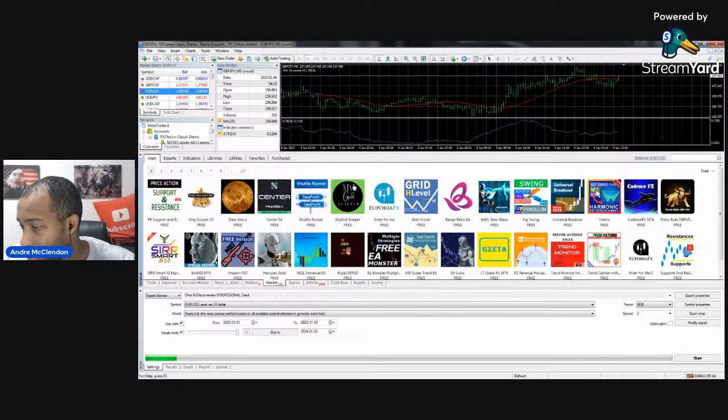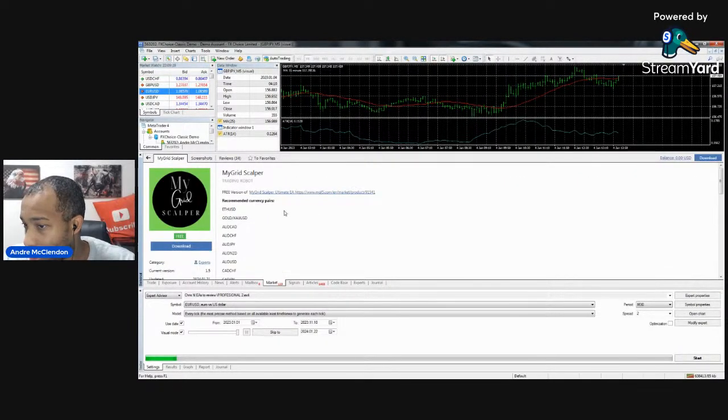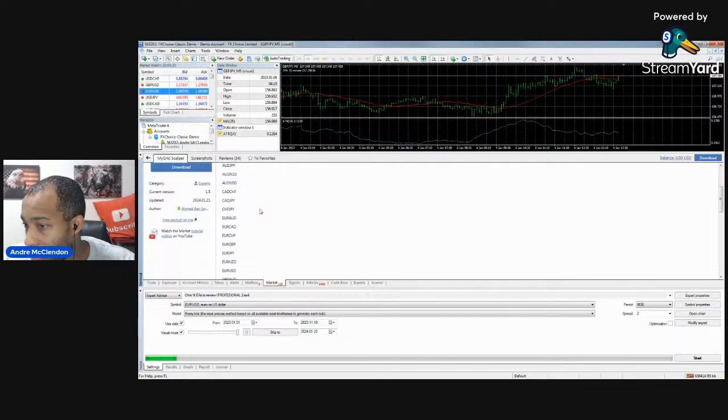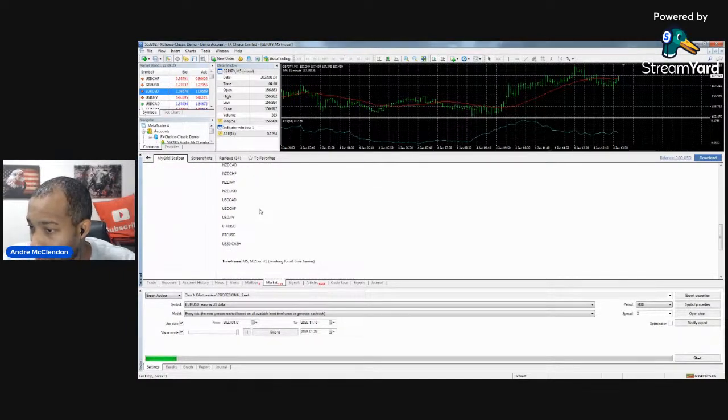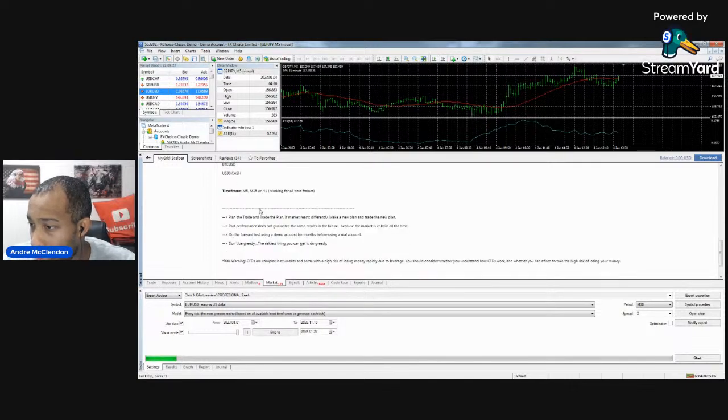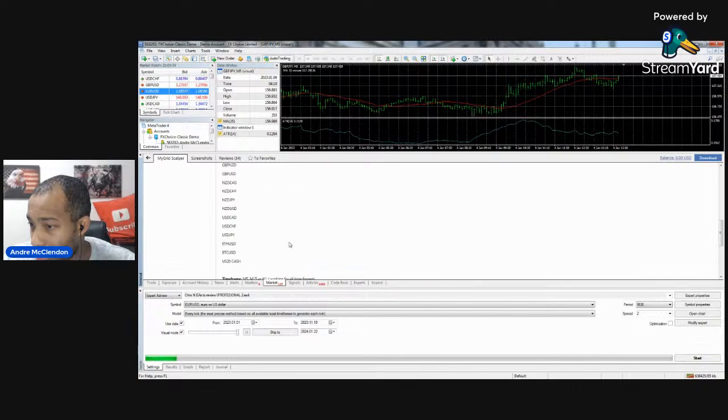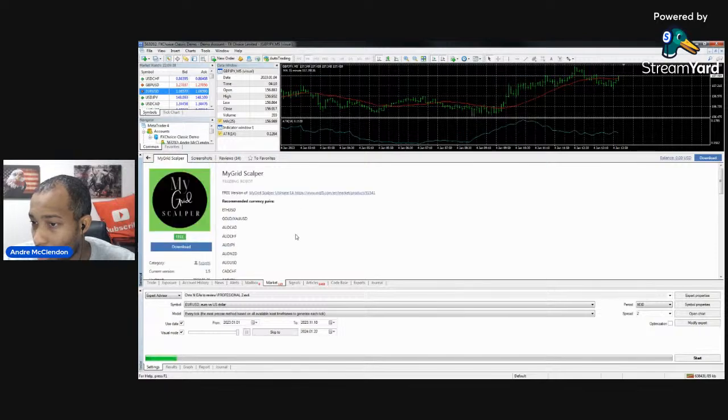Let me try this one. So 5:15 1 hour. Don't be greedy. The riskiest thing you can do is be greedy. Let's try pound yen, my favorite currency pair. My grid scalper.